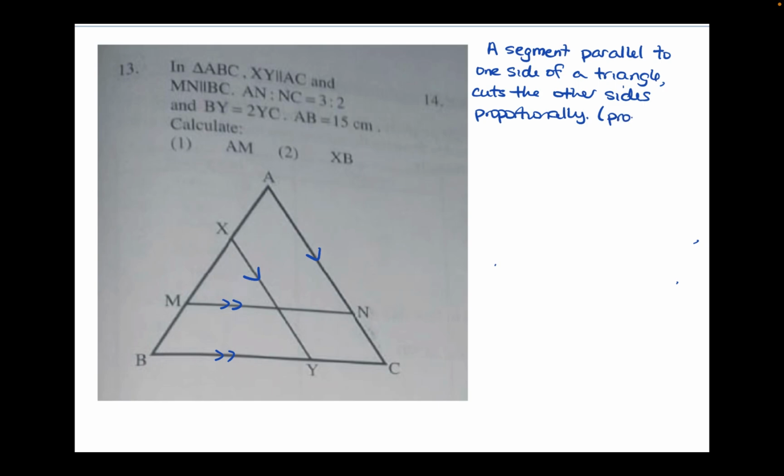That is called the proportion theorem. That's going to be helpful here.